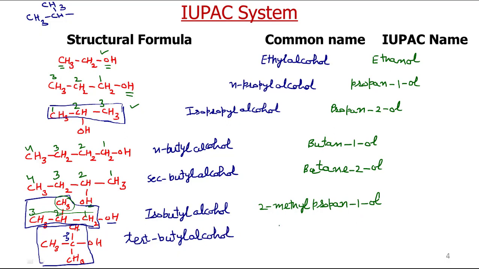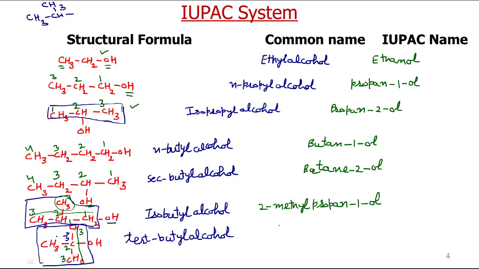Now in order to give its IUPAC name, first we have to identify the longest chain. So the longest chain is 1, 2, 3. So this chain is the longest chain. The next thing is to do the numbering. We will start from any of these carbons, 1, 2, 3. Whether we start from this carbon or this carbon, this will always get the second position.